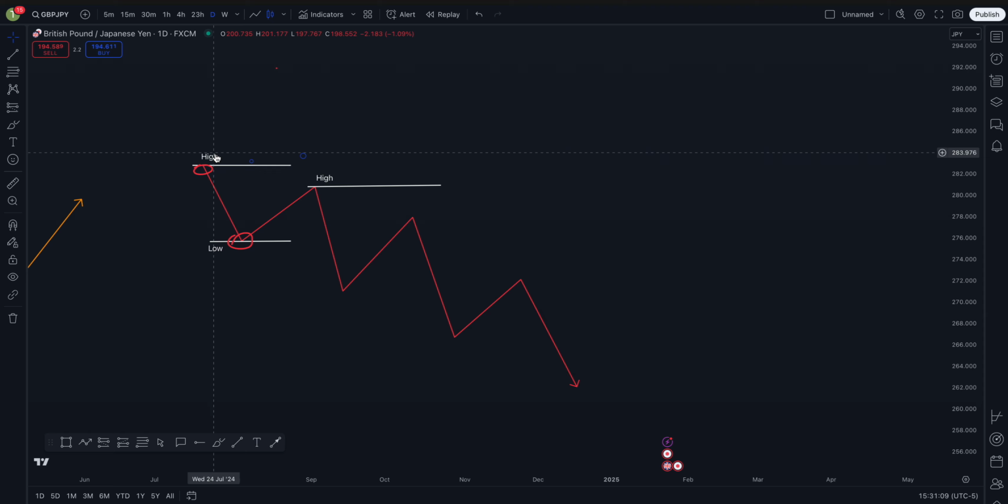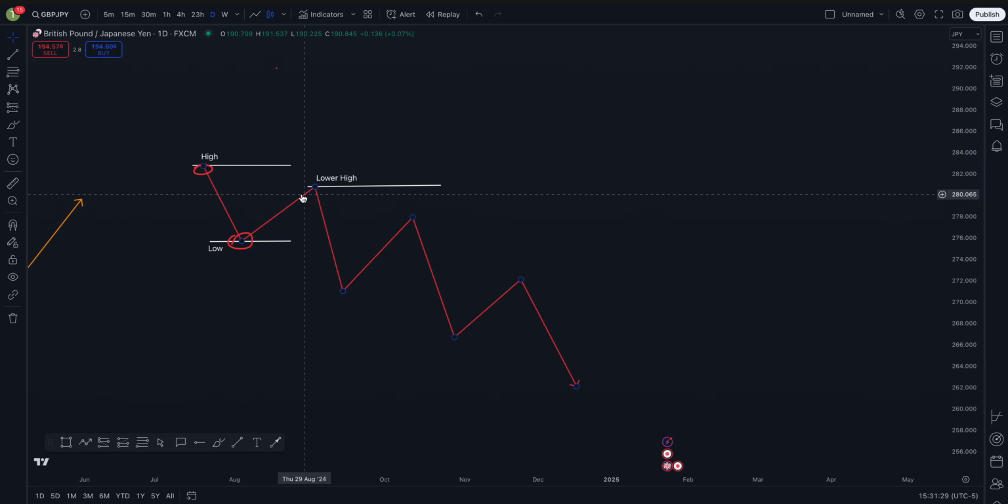All right, so if this is a high and this is a low, and then price created another high, but it's lower than this high, then that means that this high is a lower high. High, low, lower high.